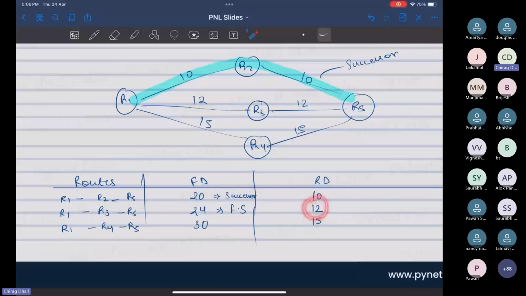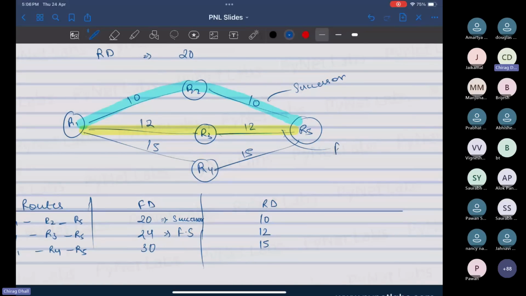Is it meeting the condition? Can I say 12 is less than 20? Yes or no? Yeah. So it's meeting the condition. That's why it's eligible to become feasible successor. And I can definitely say that this route will be my second best route, called feasible successor.